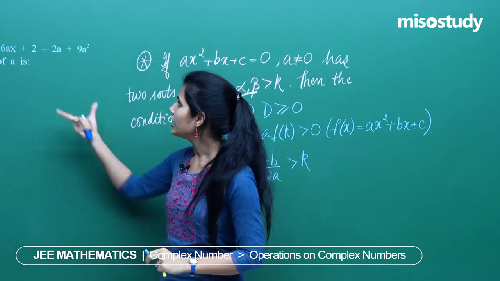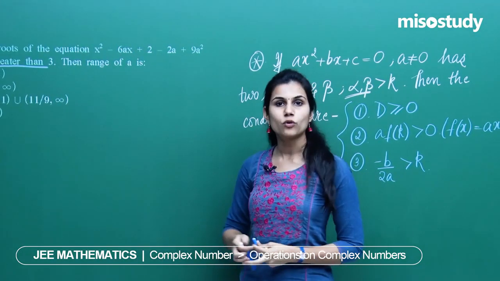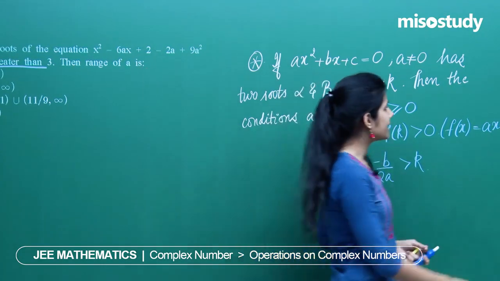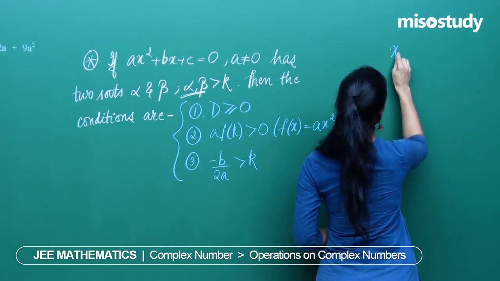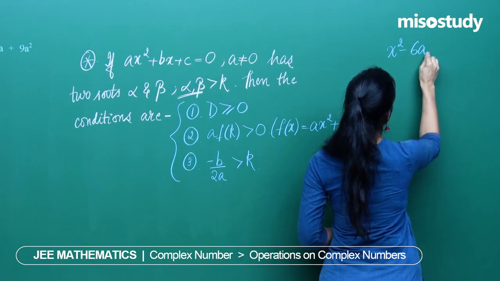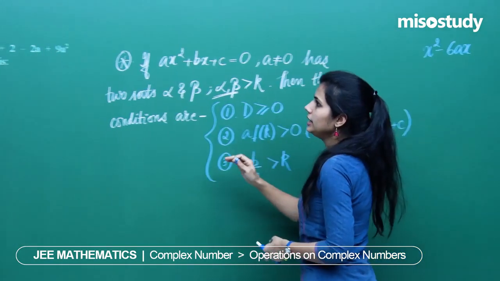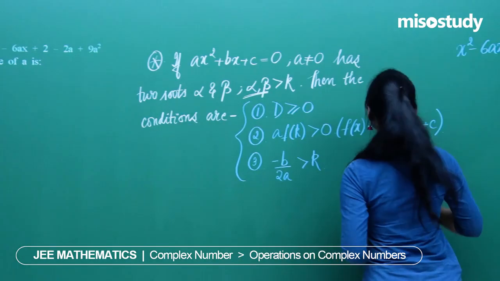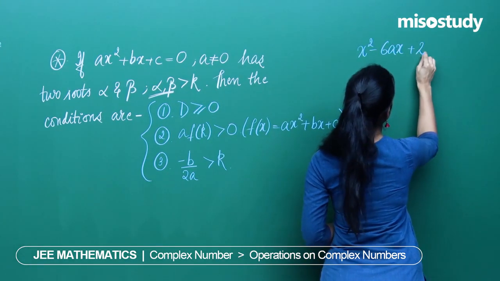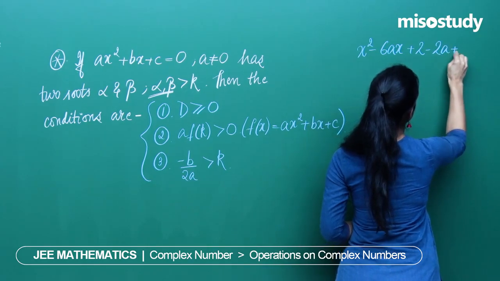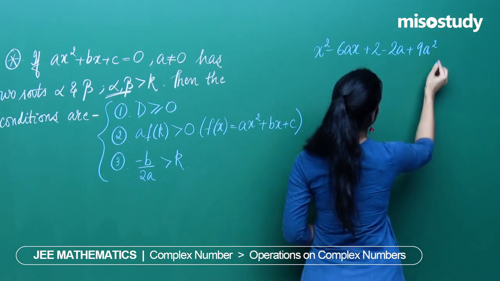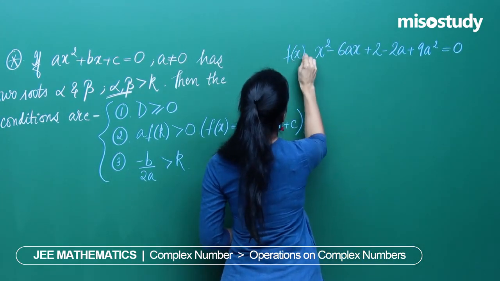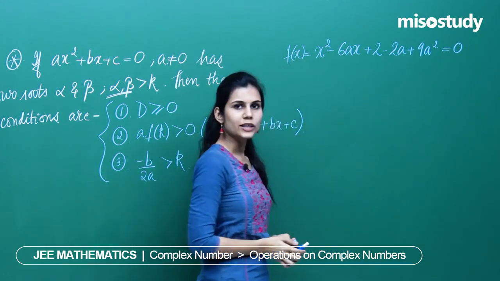In our question, we are given this type of a quadratic equation. Let's copy that down. It is x square minus 6ax plus 2 minus 2a plus 9a square. This is my fx, and I have considered fx equals 0.